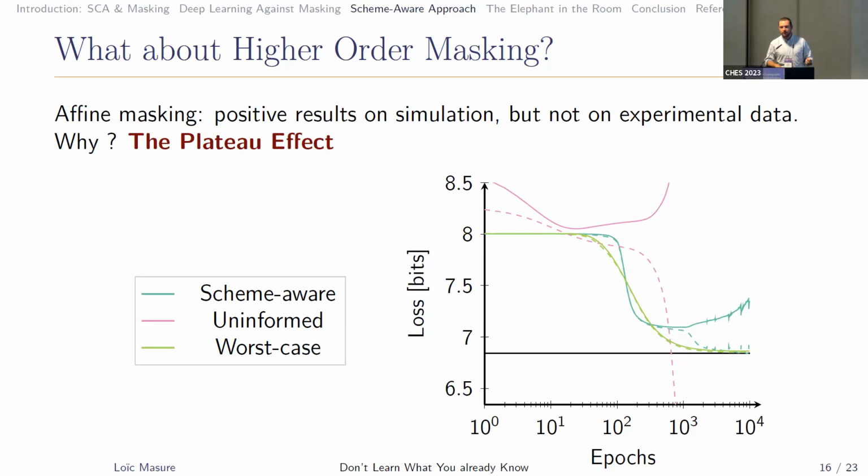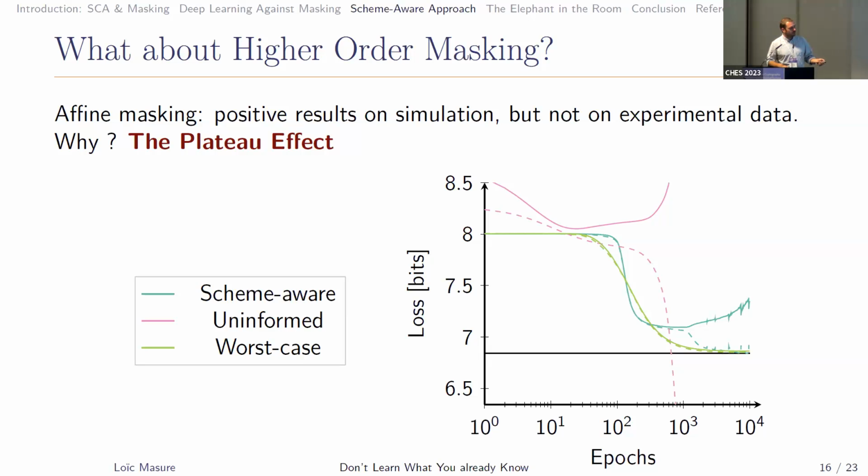Okay, so does this effect that you observe on the rest of the literature, which is doing no schema-aware inference, also apply to the schema-aware learning? Yes, it applies to uninformed adversary, schema-aware adversary.